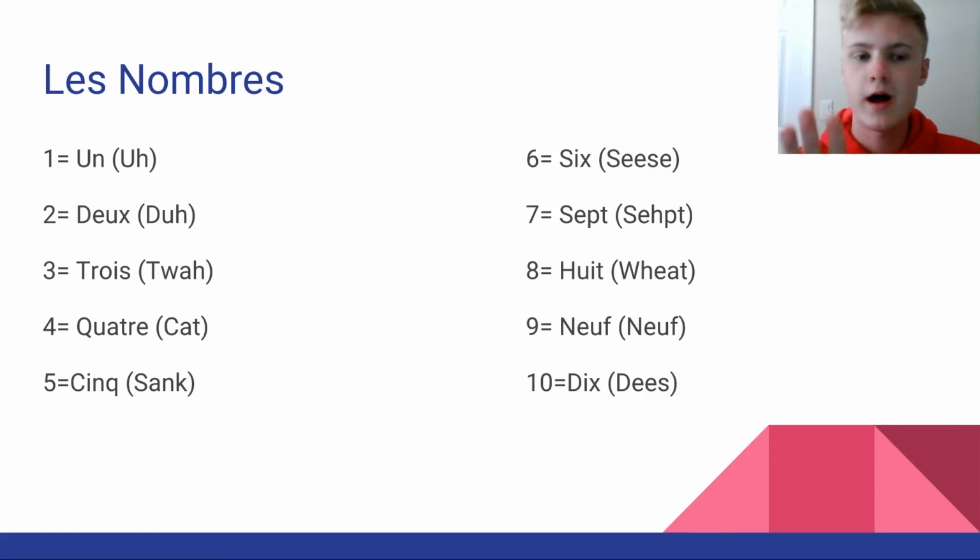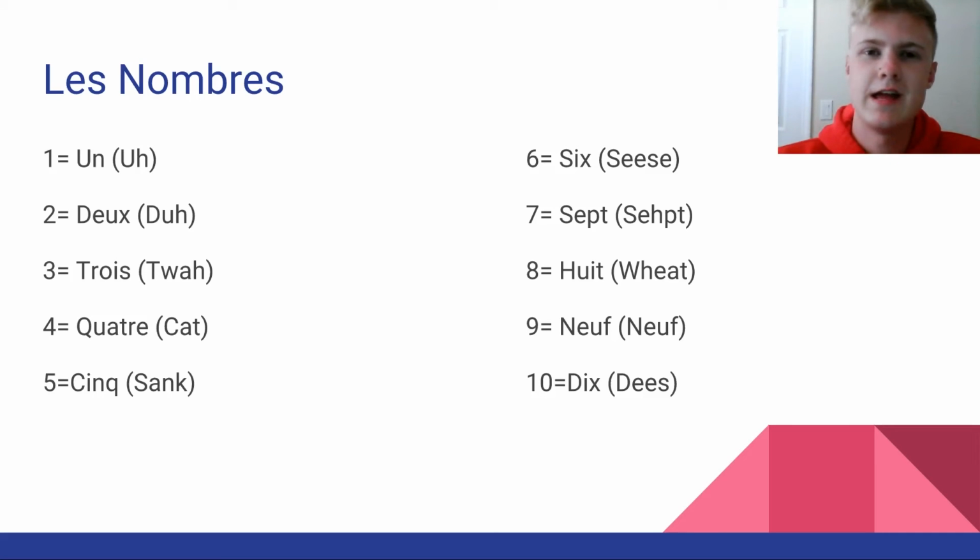Next we have trois, which is 3. After that we have quatre, which is 4. It's a quatre, pronounced like cat. Next we have 5, which is cinq, kind of pronounced like the American word sank, which is why I put that next to it. We have cinq. 6 is six.